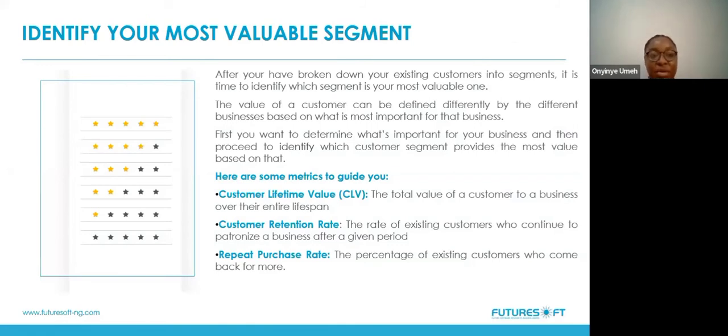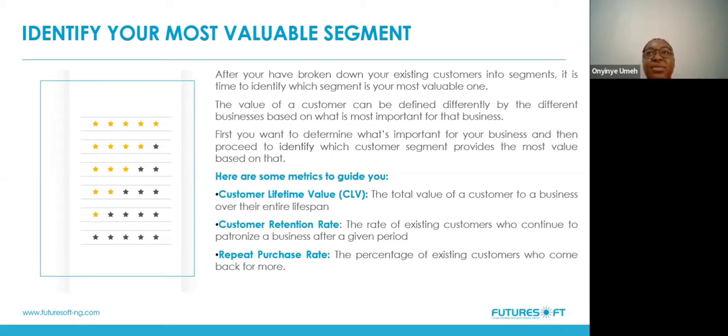Another thing that you need to do after you've put your audience in segments is to identify the most valuable segment in your audience. There are different ways that you can do this, but before you do it, you need to understand as a business what is important to you. Are you looking at the number of customers that you currently have, or the number of customers that you can potentially have?